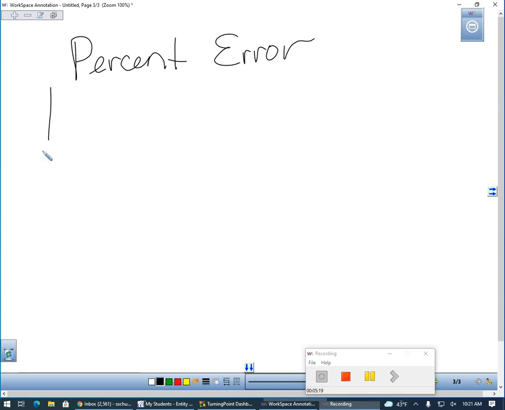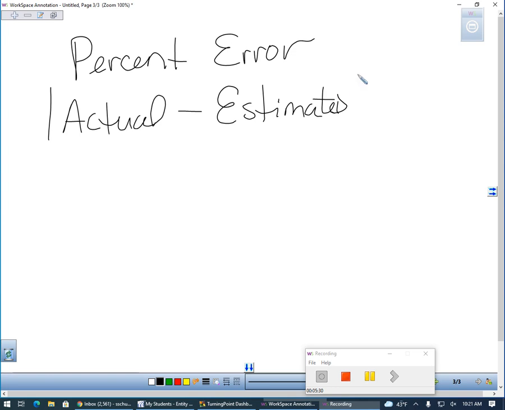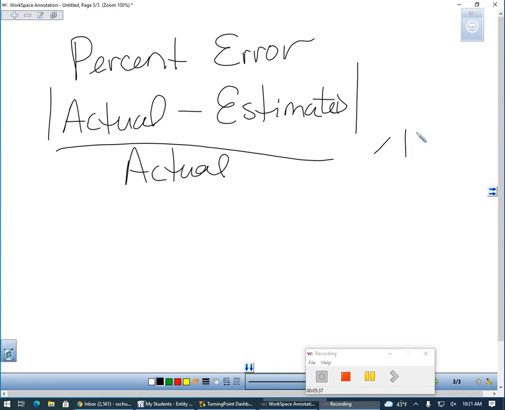We have our actual minus the estimated divided by actual, and of course times by 100. Okay? It is basically the same thing. I'm just looking for error.